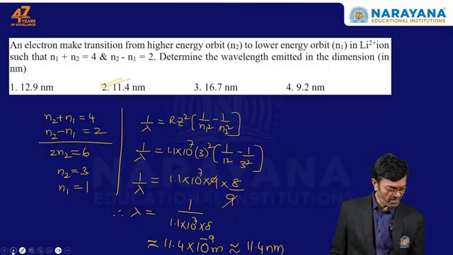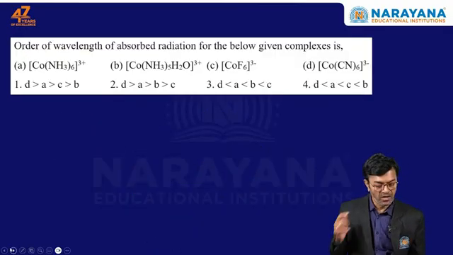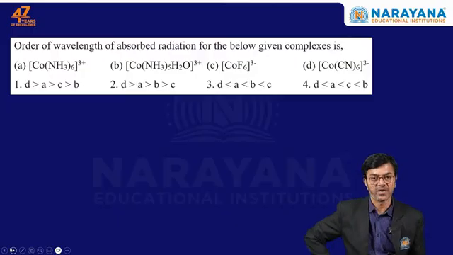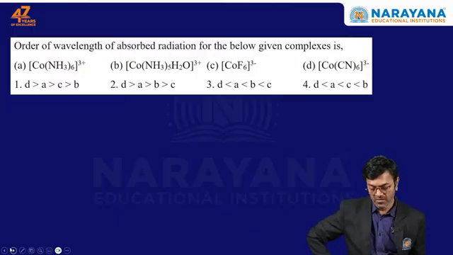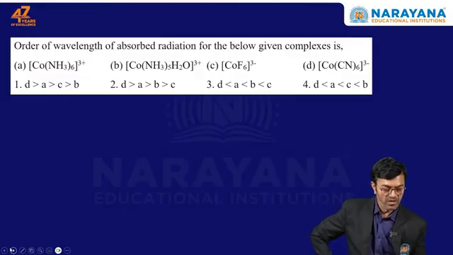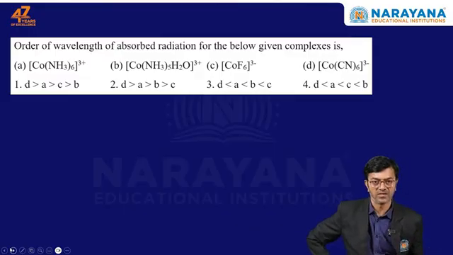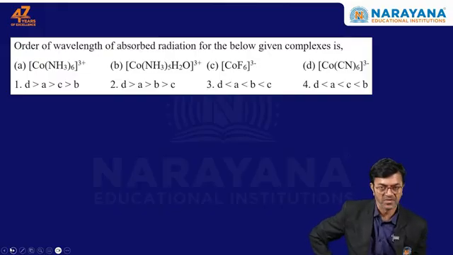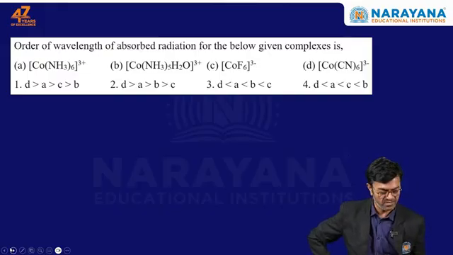Now let us move on to the next question. It asks the order of wavelength of observed radiation for the given complexes. So it is related to crystal field theory. Based on splitting energy, we can answer this.